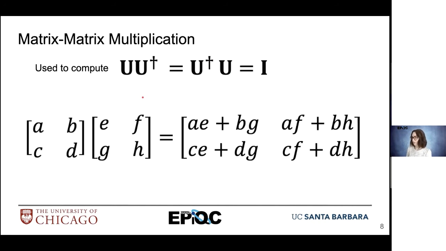So we'll see this in action. We're taking two 2 by 2 matrices and we're going to multiply them out. We follow the same procedure of row times column.